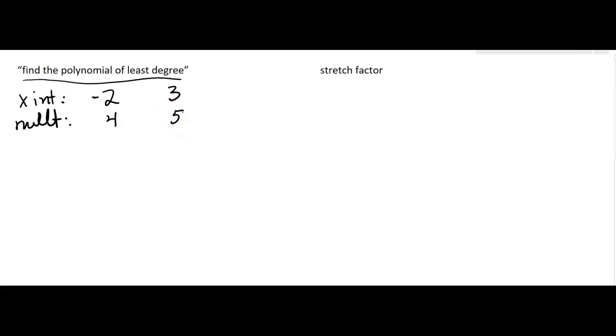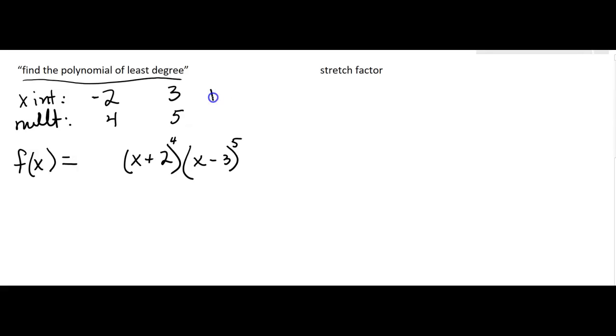Well, then we know some things about this polynomial. We know that f of x has to have at least a factor of x plus 2, and that has to be to the 4th power. And we know that there's a factor of x minus 3, and it has to be to the 5th power.